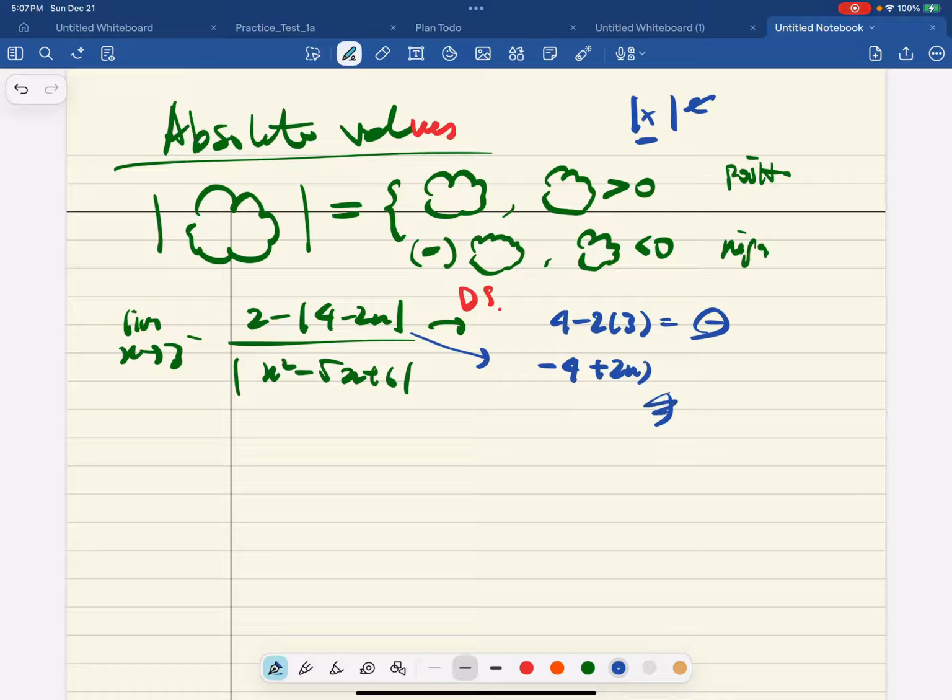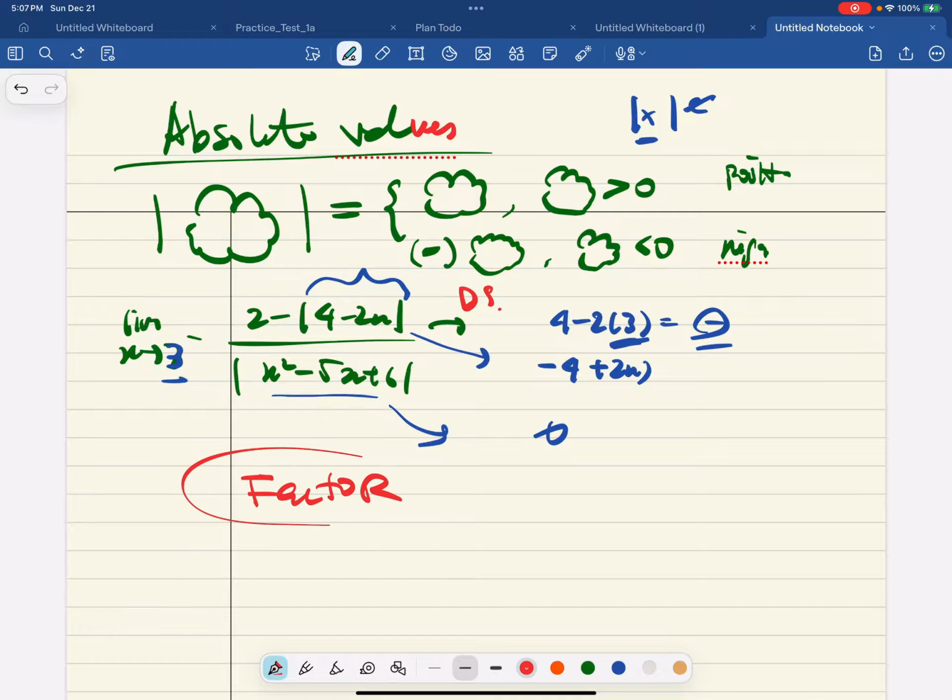But either way, the entire function over here is going to become negative because the inside ended up negative when you plugged in 3. Same thing here, you just plug it in. But if you plug in normally, you realize that the bottom just gives 0. What you have to do is factor. It's very important to factor.